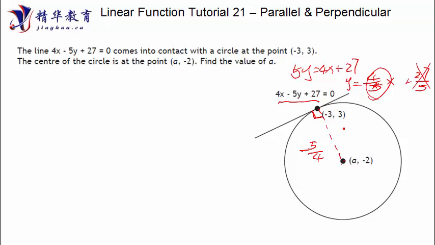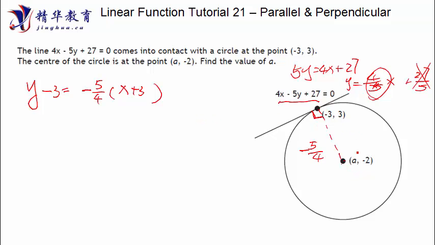Okay, we also have a point. Nice, we have a point and we have a slope. We can find the slope-intercept form or the point-slope form, anything. We can use the point-slope form: y minus 3 equals -5 over 4 times x minus -3, which is x plus 3. That is the point-slope form of our line, right? Good.